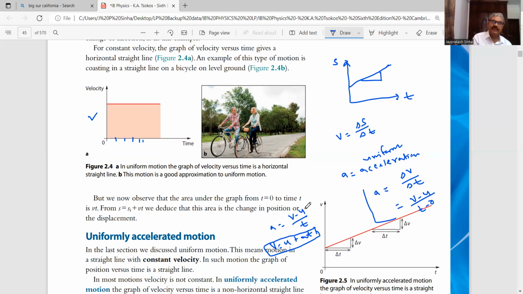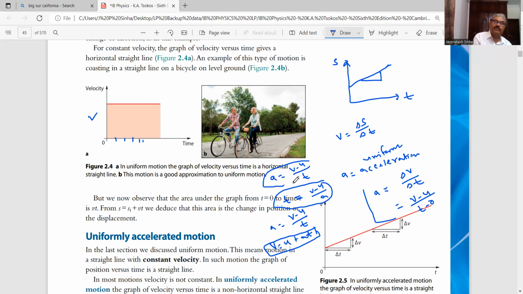Okay, so this is very important. See here, a is equal to v minus u upon t. Correct? You can also write t is equal to v minus u upon a, by cross multiplication, and that we are going to use. It depends on the question.